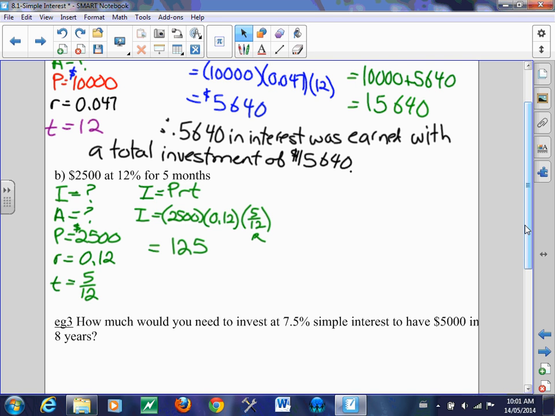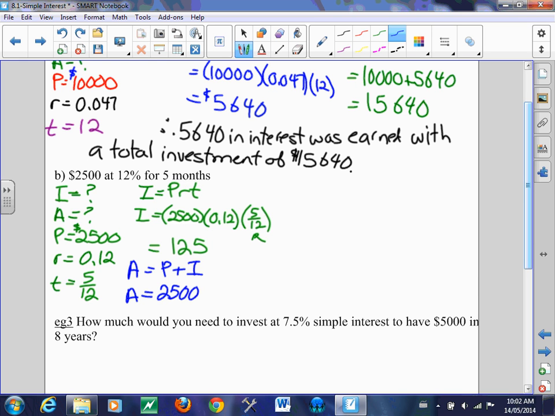Okay. Subbing in the second part, A equals P plus I. So the principal is 2,500 plus 125. So that equals 2,625. And then do your therefore statement. So therefore, sorry, that's on a diagonal.